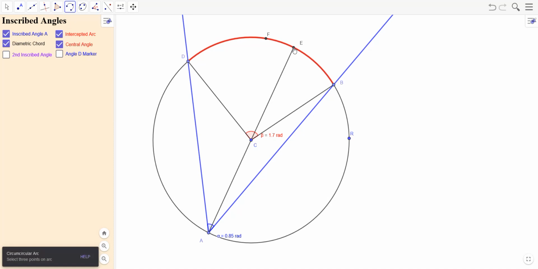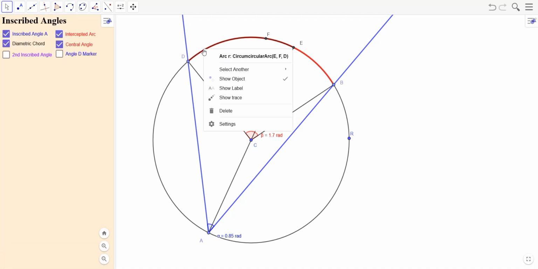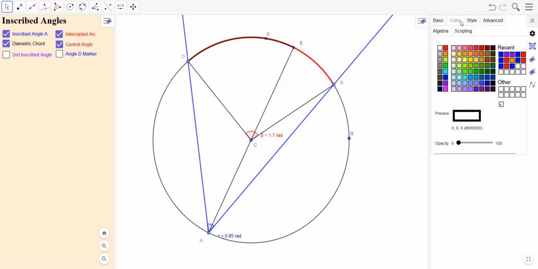The other arc we're talking about is the arc that goes right here. So let's give it a different color. Maybe we'll make it green, let's say.